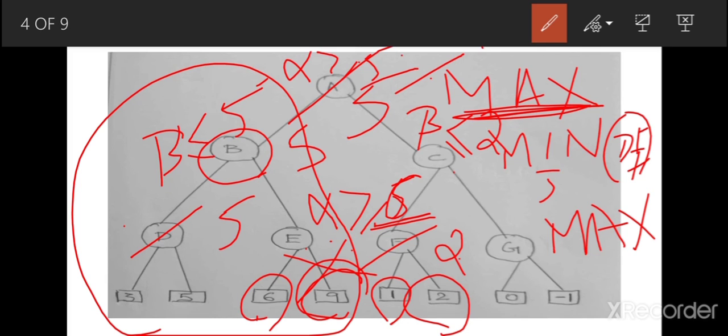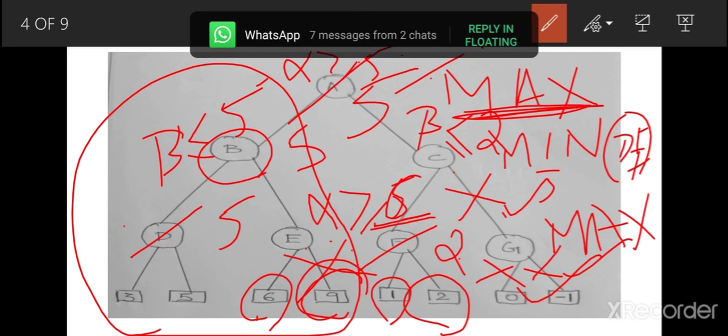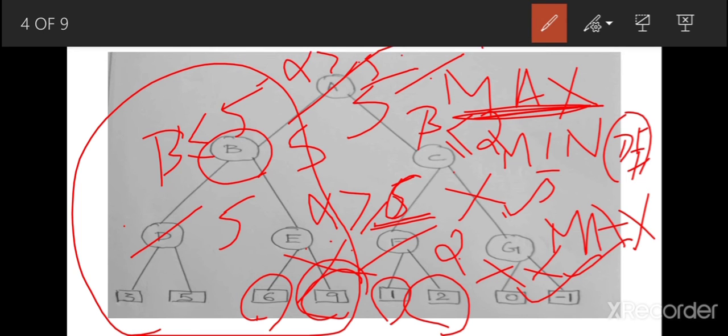So there is no need to consider this node, because if we consider it, there will be no change for the result. The result will always be 5 in this case. So we are pruning that path.